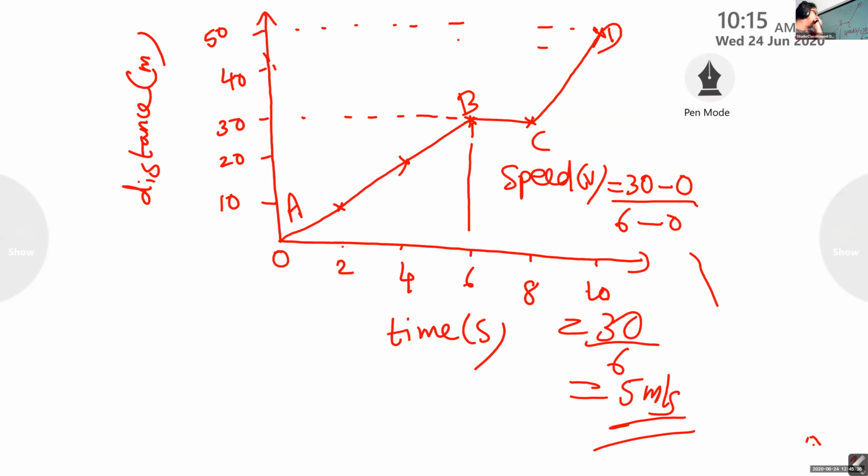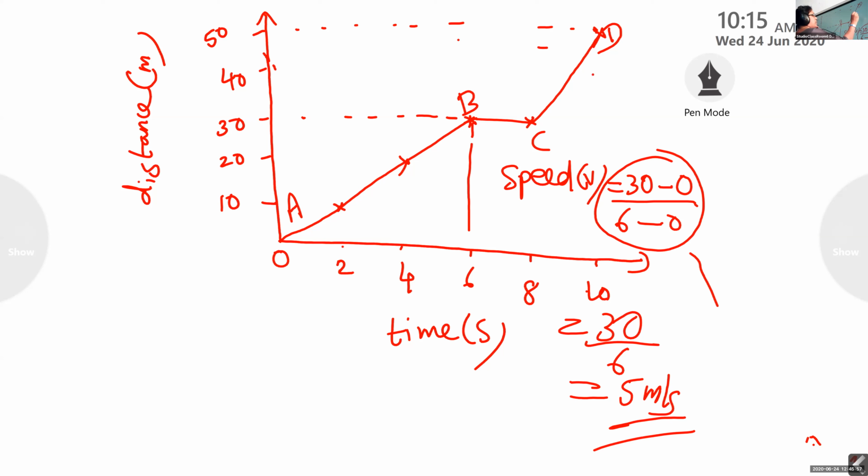Okay, children. So this is how we find the speed. The use of the graph is finding the slope. The slope of the graph gives you speed. What we calculated here is actually the slope.